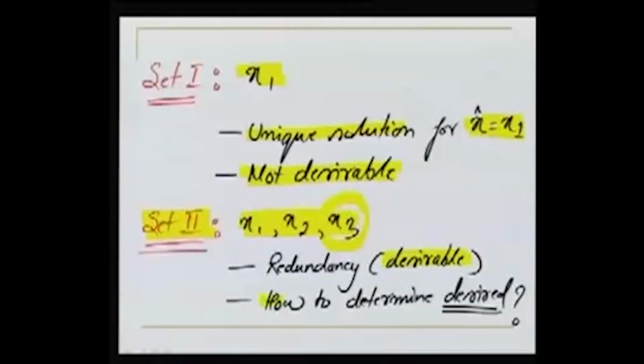But the problem in this case is how to determine the desired estimate, or the length of that line, but we have now 3 sets of observations, x1, x2 and x3. Out of these 3, which one, or average of all these 3, or average of any 2 of these? So what we see, we have now many possible solutions.